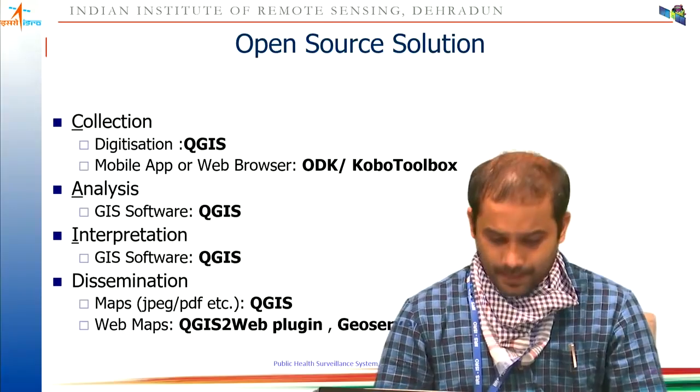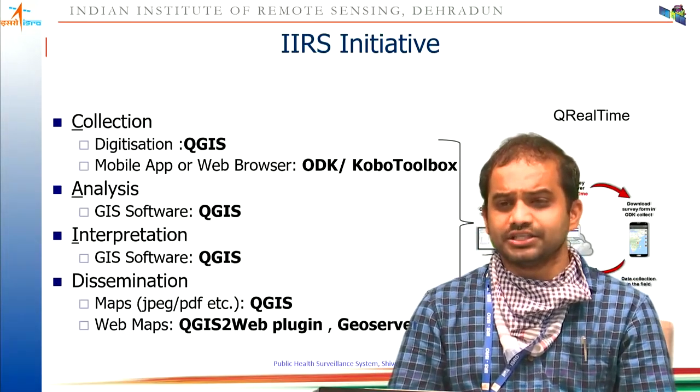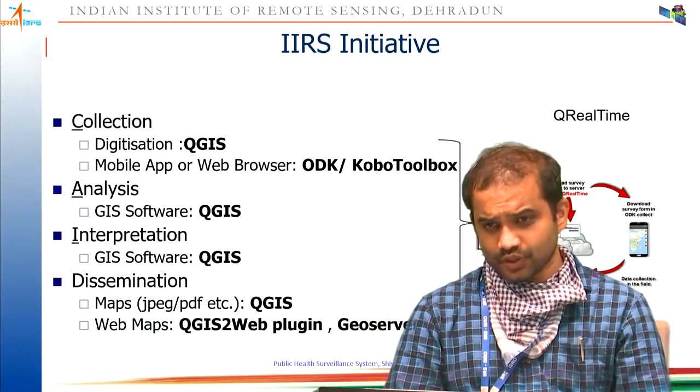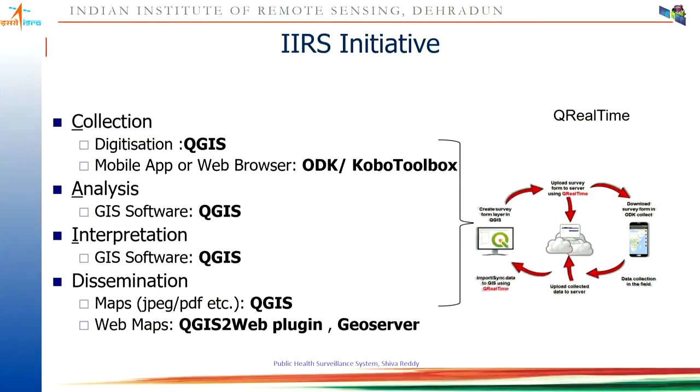So in this scenario, the initiative we have taken is to integrate all these things together. We have developed a system which is called Q Real Time. What it basically does is, from GIS itself, for a GIS user, it connects you with the ODK server, so that as soon as data is collected, sitting in QGIS, you can directly download this data as a layer into GIS.